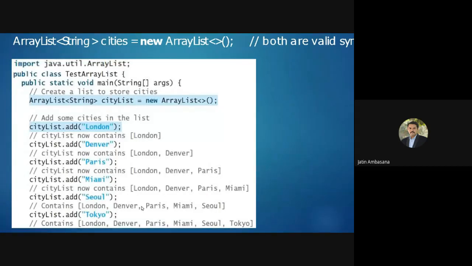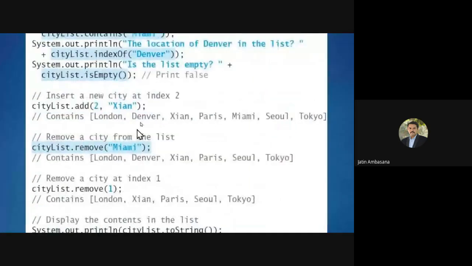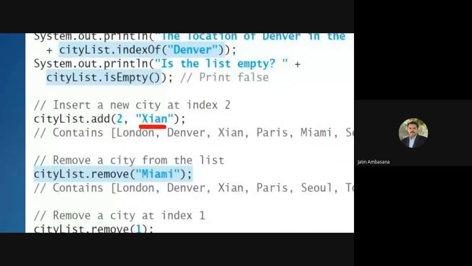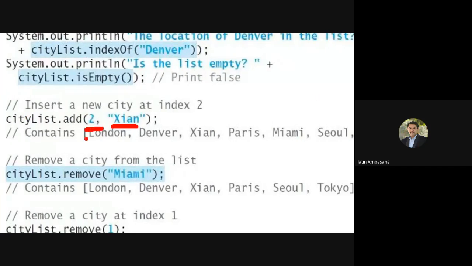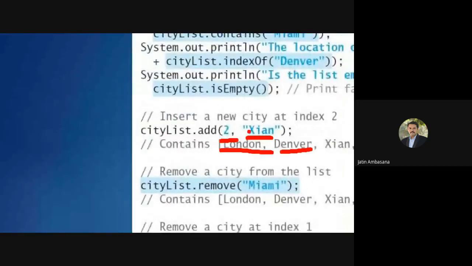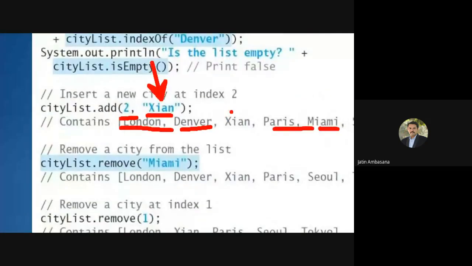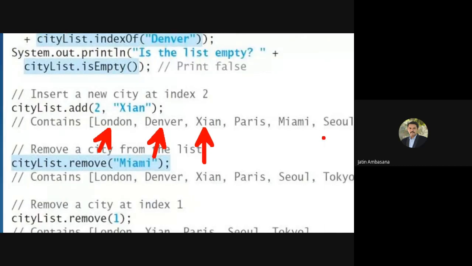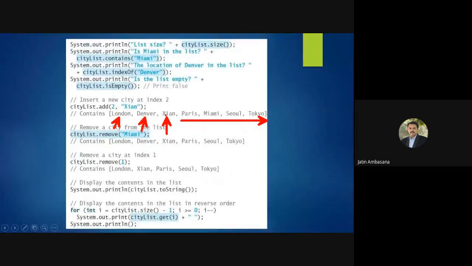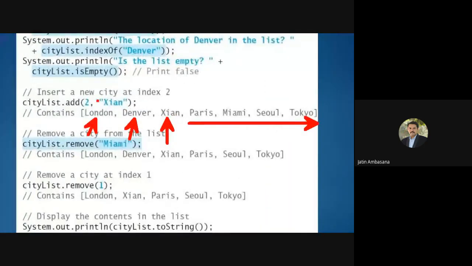So see, if you add something now, if you add a city called Zan at location 2, before it was London, Denver, Paris, Miami, Seoul, and Tokyo. But now it has added Zan at location 2. You can see London is 0, Denver is 1, Zan is at location 2. So Paris and all the others got shifted. The other objects got shifted, you see.